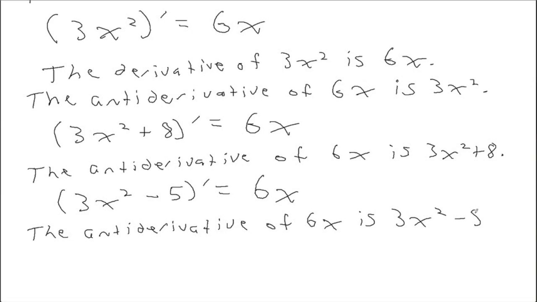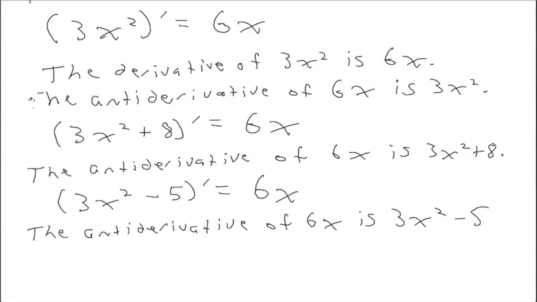Good. Now we've listed three antiderivatives of 6x. 3x squared is an antiderivative of 6x, 3x squared plus 8 is an antiderivative of 6x, and 3x squared minus 5 is an antiderivative of 6x.